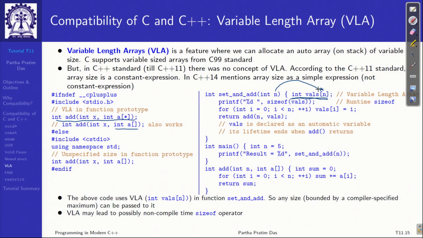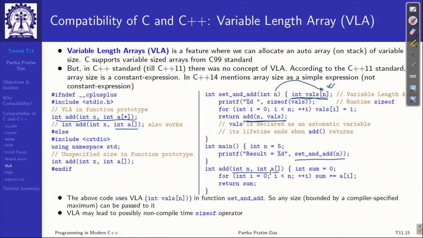This is a variable length array which is available in C, and so from the main I can do set and add for n, that gives an appropriate size of the vals array as an automatic variable during the set add function call, and from that I use the function add, which takes this array and does the addition. So, this is a feature which is available in C.